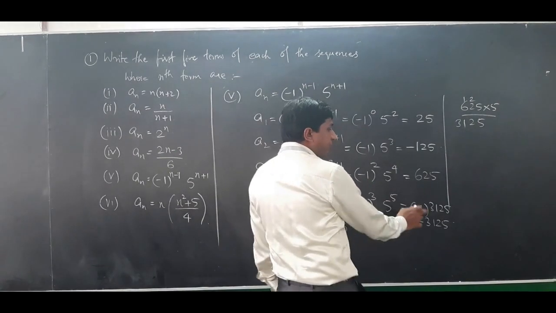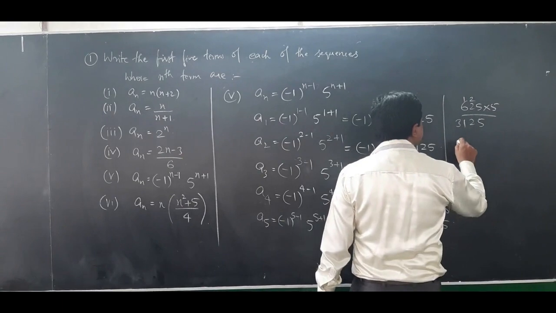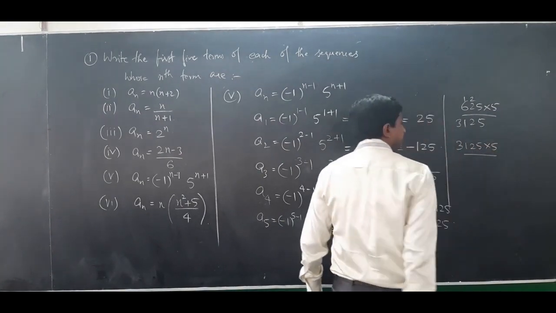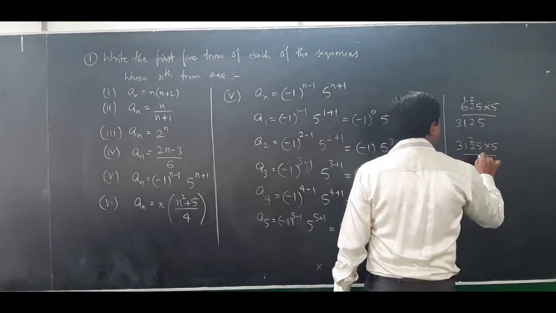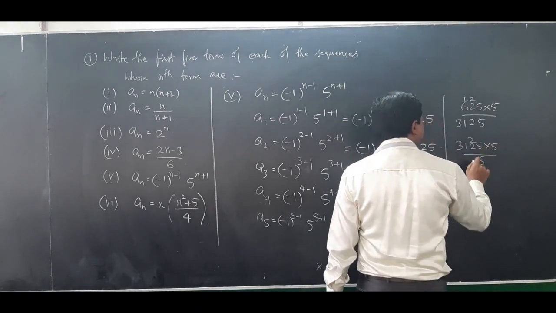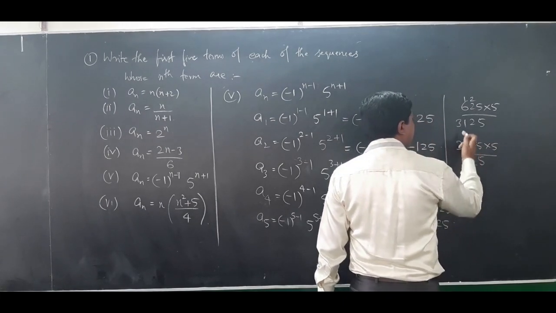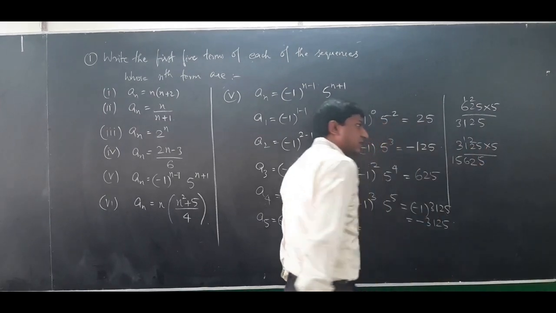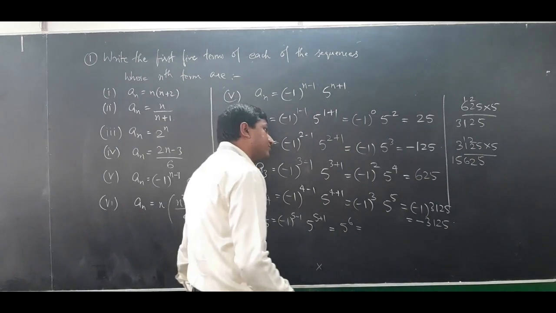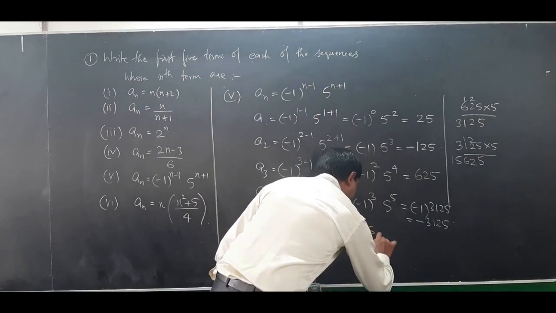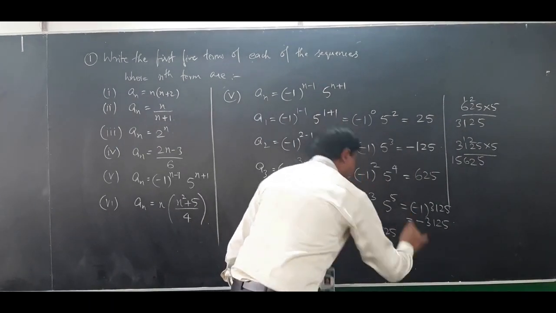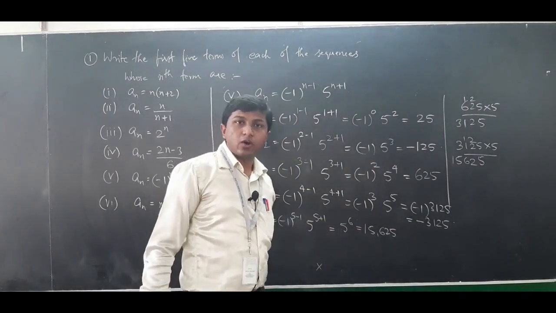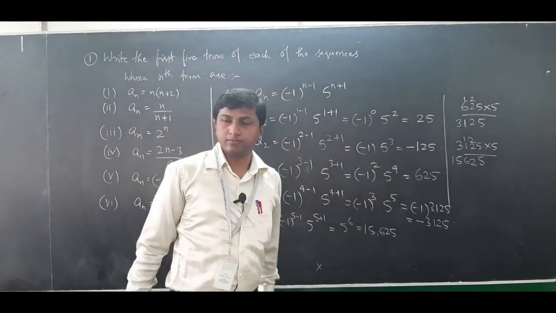So 5 power 6 is 3125 into 5. Okay. 5 5s are 25, 5 2s are 10, 12, 5 1s are 5, 6, 5 3s are 15. That is 15,625. So do not use the calculators, you work it out in the working column.